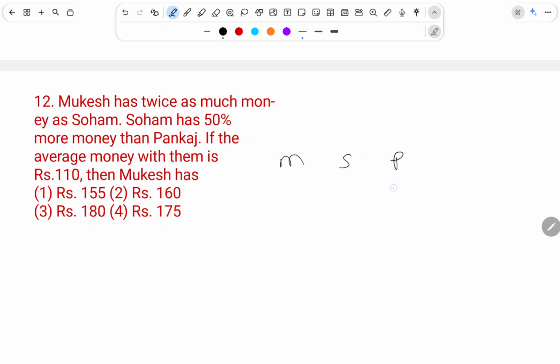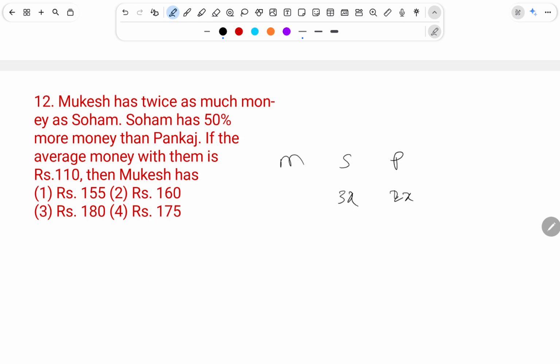Let Pankaj be 2x. What is 50% of 2x? x. 50% more means it becomes 3x.